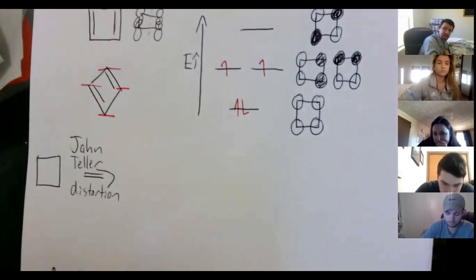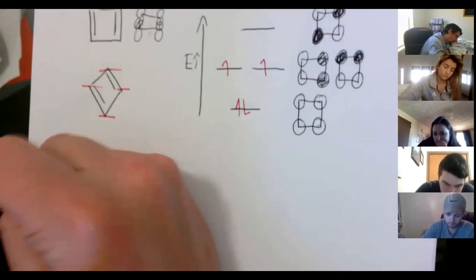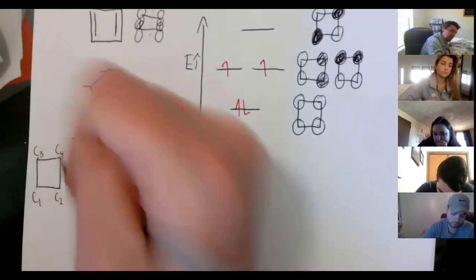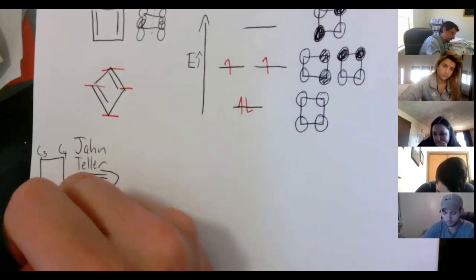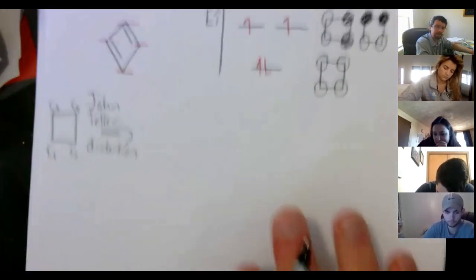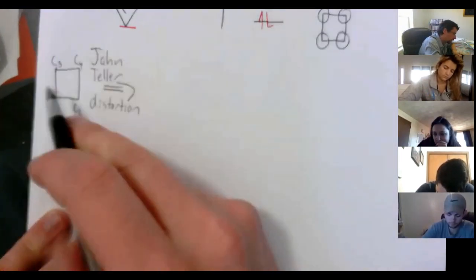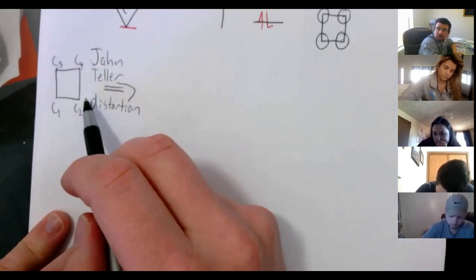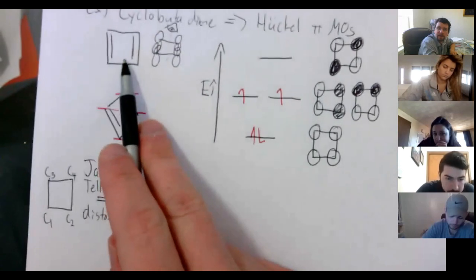We had our box. We have C1, C2, C3, and C4, let's say. What do we know about all the bonds in here, if we're going off of this system?